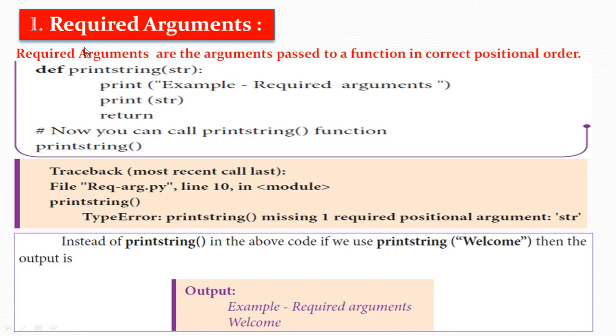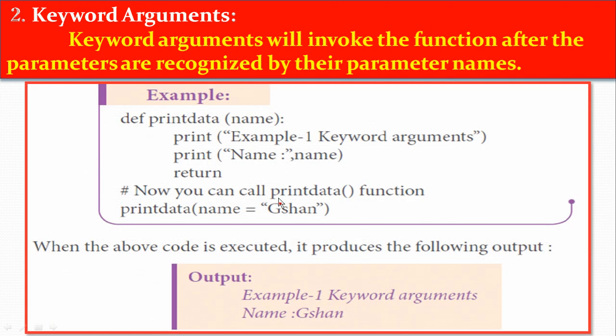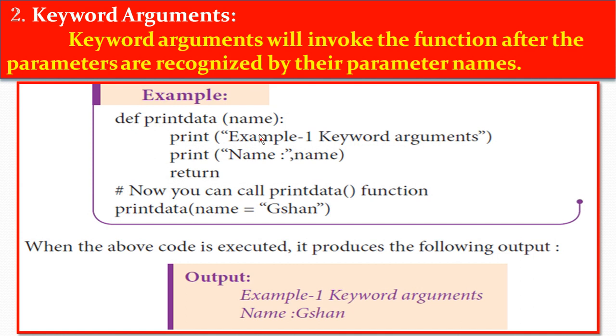So this is the first type of argument, required arguments. And the second type of argument is the keyword argument. Keyword arguments invoke the function after the parameters are recognized by their parameter names. Each and every parameter has a name, which is called the keyword argument. Here in the example, def print data, the keyword argument is name.